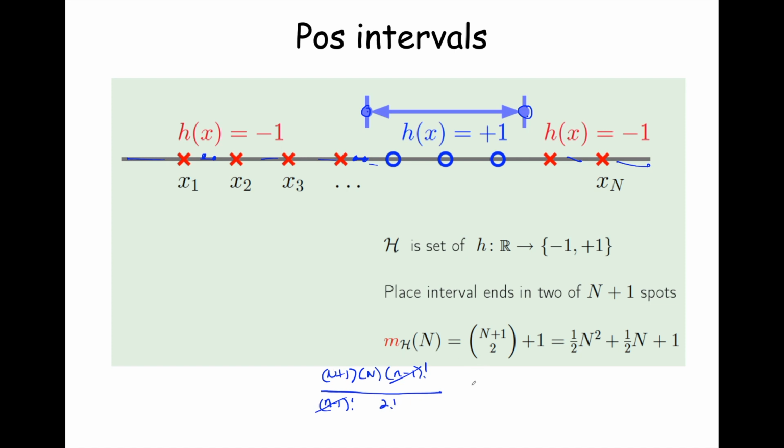That's 2 times 1. So that is 2 over, we carry that multiplication, n squared plus n, and then we have that plus 1 from before, plus 1. And so we expand this, we get 1/2 n squared plus 1/2 n plus 1, and there's the closed form expression for a growth function for the positive intervals.